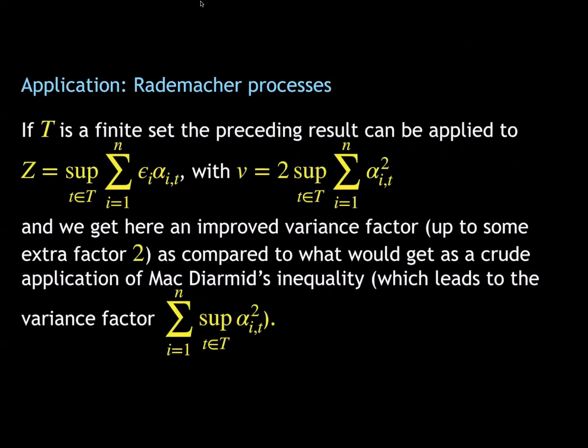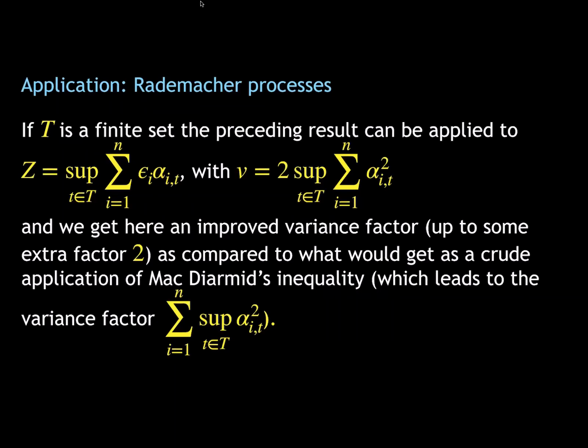And let's see what it gives when you apply it on Rademacher processes. When we apply it on the Rademacher processes, this is very simple. We just get that the conditions of the preceding corollary are fulfilled with V, which is merely 2 times the sup of the sum of the alpha it square.